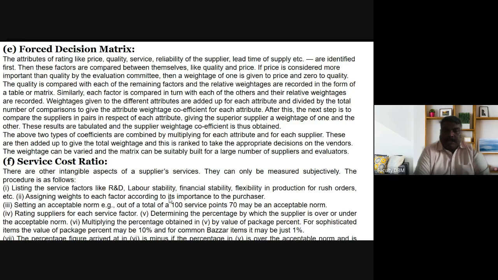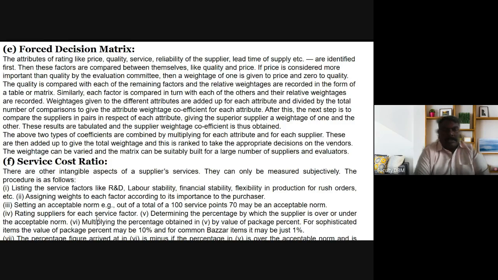For example, if you say R&D 1, labor stability 2, financial stability 3, flexible orders 4, and we can say the uploading and downloading charges 5. If I am on the evaluation team using the service cost ratio, I am going to assign 20, 20, 20 to these 5 weightages and say that this is 100 service points. In that, if a company's result is 70% and above, I am going to accept. Otherwise, I am going to reject.